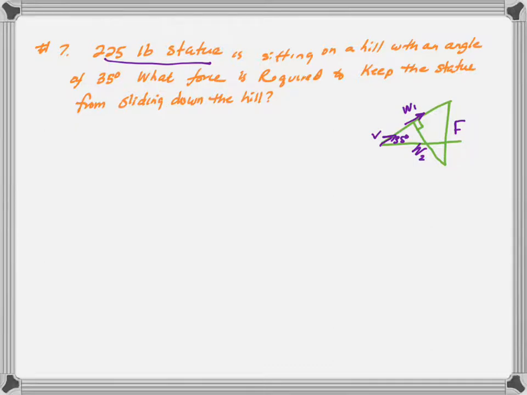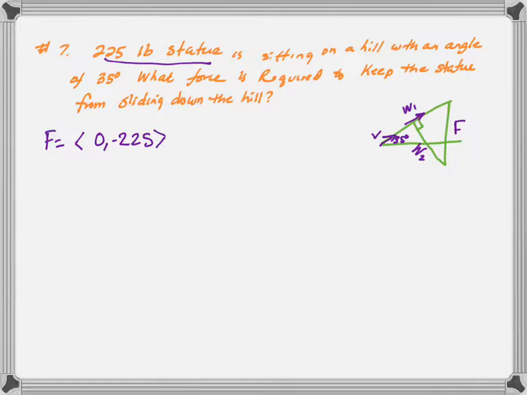Okay? And let's see. We're going to make some vectors. So F is equal to, how much was it? 225 pounds. So that would be 0, -225, because it's downward.